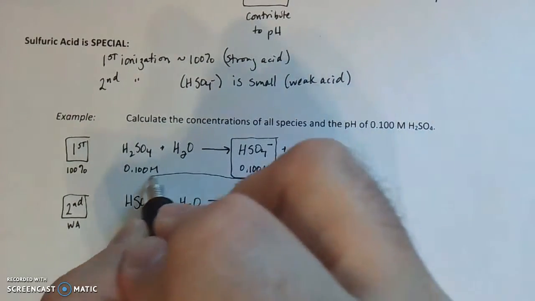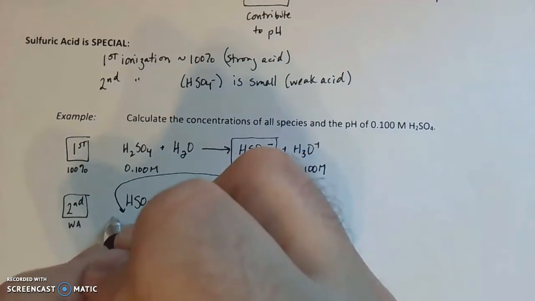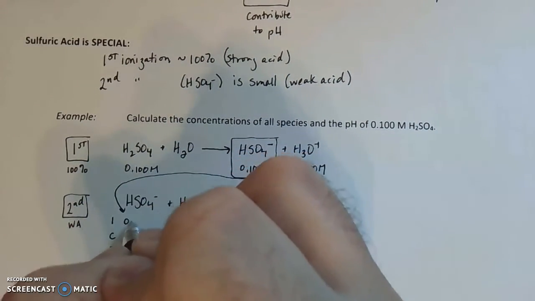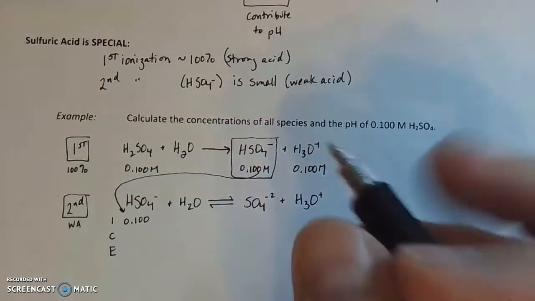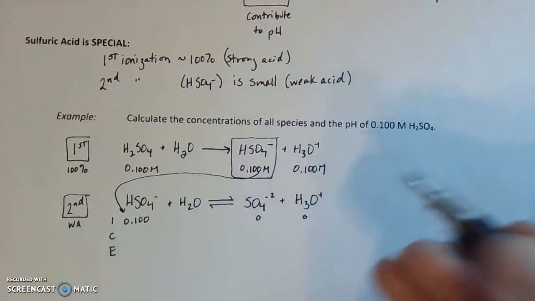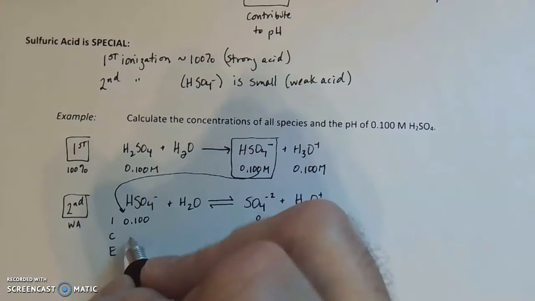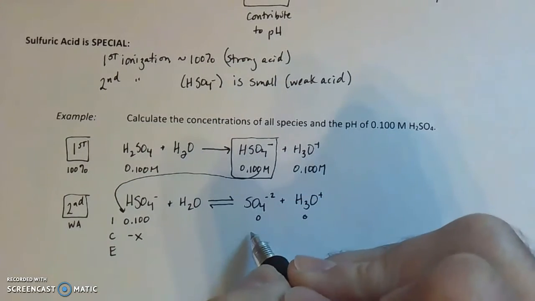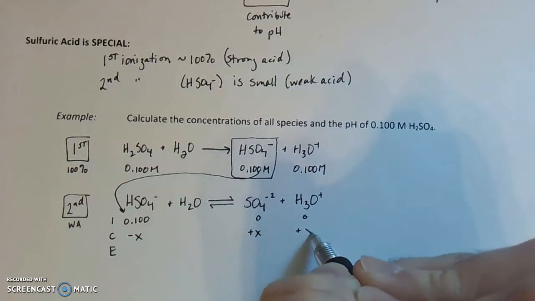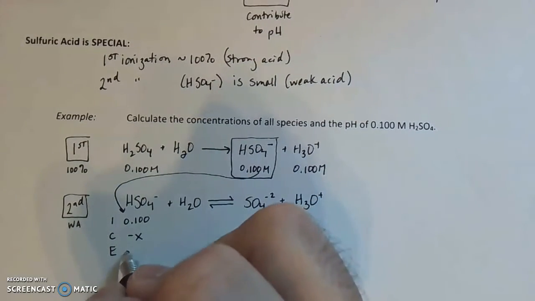So this value becomes our initial down here in our ICE chart. We don't have any of these two because we're assuming that we're going to add these two together when we're done. So we can just say, okay, from this ionization, we don't have any H3O plus yet. This is going to decrease. These are going to increase by factors of X.